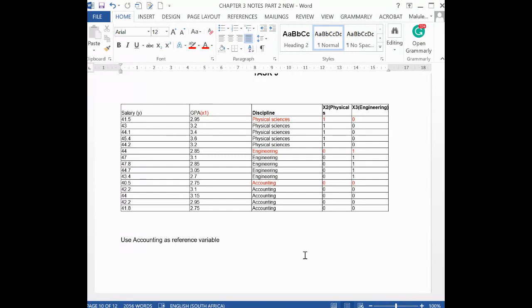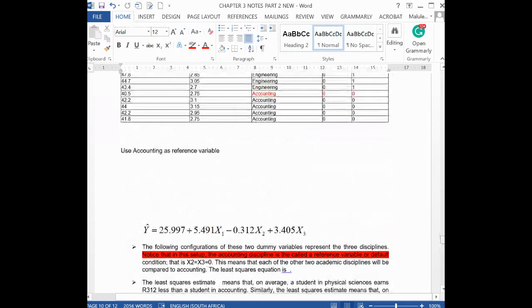It's a problem, because after next week we'll be doing some practicals. Now you'll be expected to interpret, because if I give you a model like this, you should be able to interpret these betas.